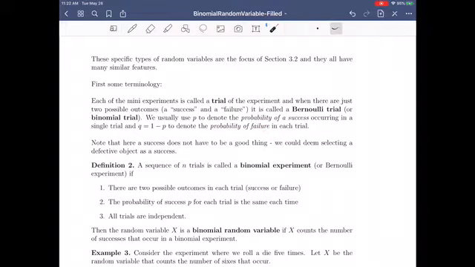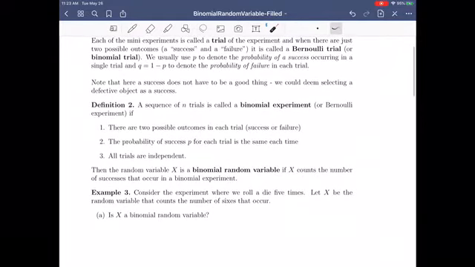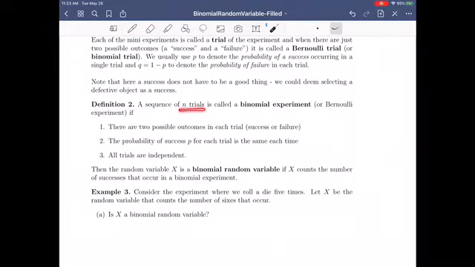I already said this, so success doesn't have to be a good thing. It might be selecting defective objects or something. So when you have a sequence of n trials, so trial after trial after trial, n times, we call it a binomial experiment or Bernoulli experiment if there are two possible outcomes in each trial, so success or failure.